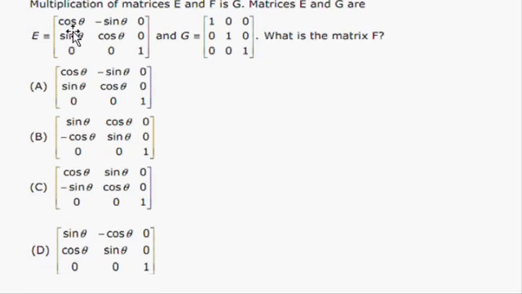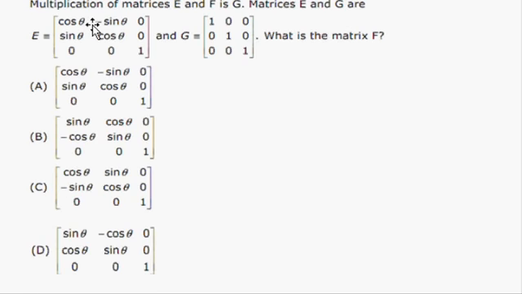So cos square x plus sin square x should be 1. Here is a minus sign, so it should be plus, meaning minus cos. First is cos, second is minus sin. So see, cos and minus sin, this is cos minus and 0.